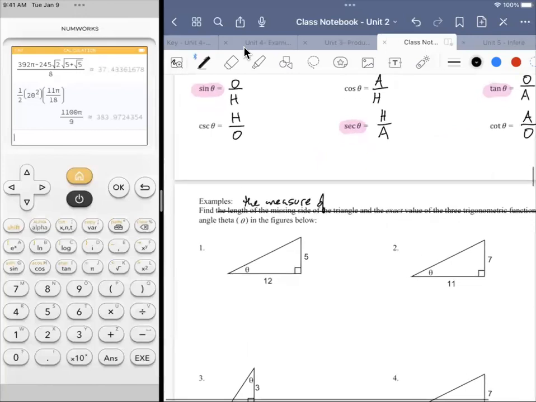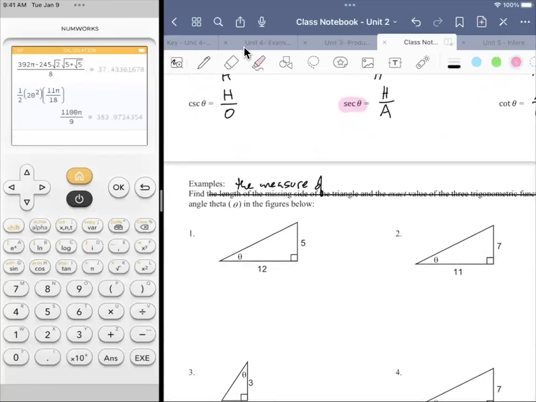So what we do is we identify the reference angle, which is theta, and name everything in relation to it. This is my hypotenuse because it's opposite the 90. This one's my opposite. And this one is my adjacent. The two that I care about are the 5 and the 12, because those are the two that I know.